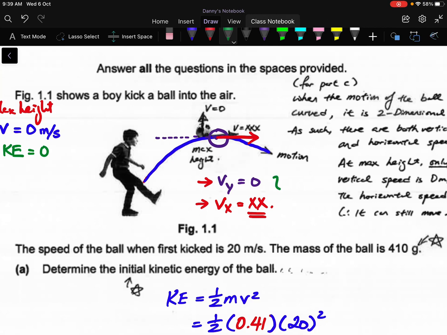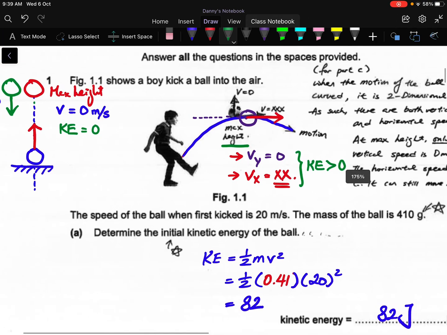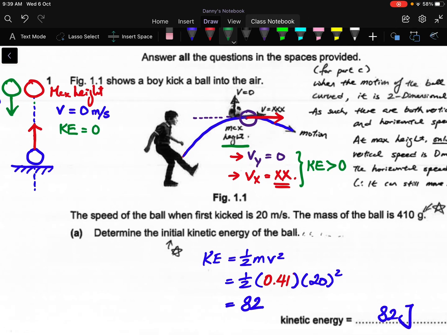As a result, even at maximum height, the KE will still be greater than 0. There is still KE, in another word. Once you understand this, this question will be quite easy, and I think PHS just wants to give an easy question at the beginning.